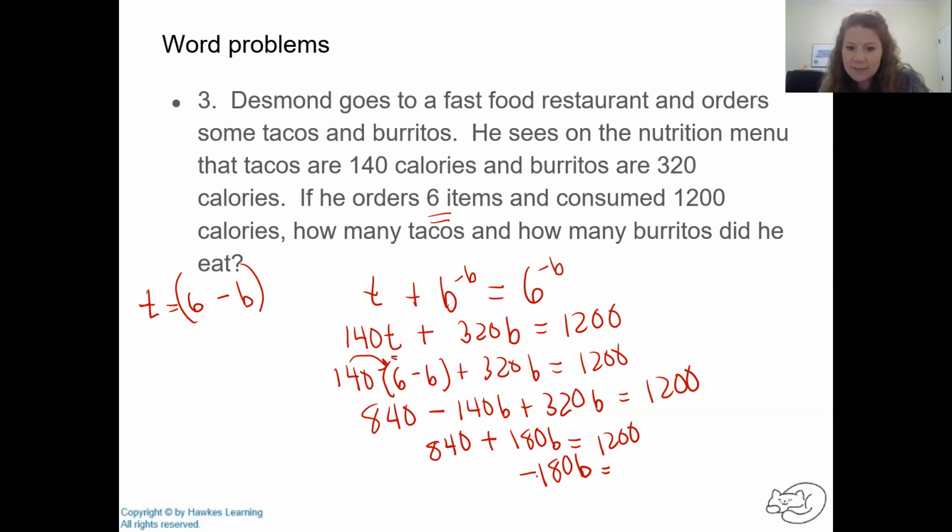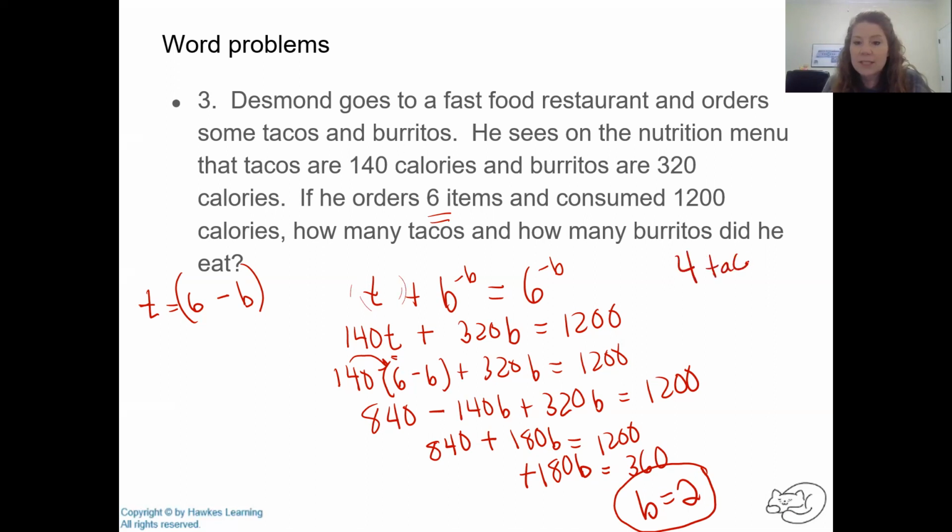Oh, this is positive. Yeah, sorry. This is 360, and 360 divided by 180 is 2. So Desmond got 2 burritos. If he got 2 burritos, that means he got how many tacos if there's 6 total items? So 4 tacos and 2 burritos, which is 6 food items.